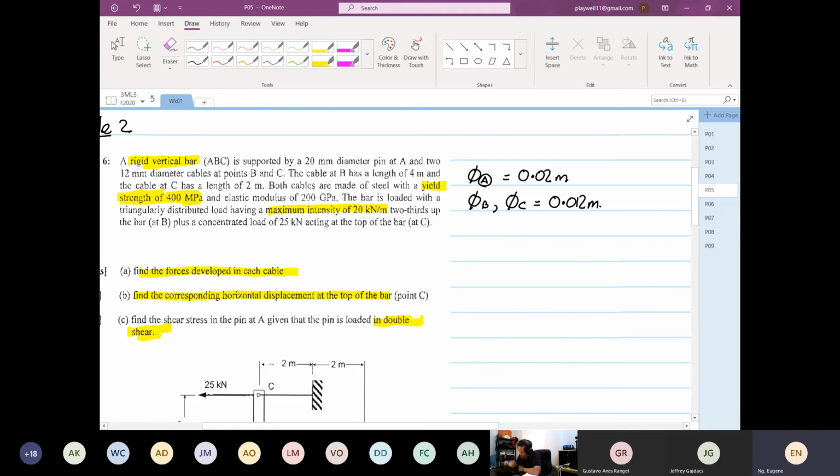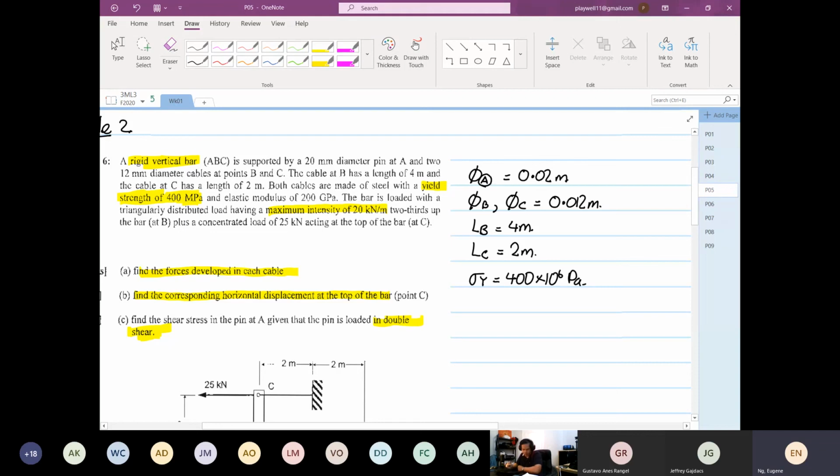The length of cable B is equal to 4 meters, and the length of cable C is equal to 2 meters. We are also given the yield stress, where capital Y is usually yield, so it's 400 times 10 to the power 6 Pascal.